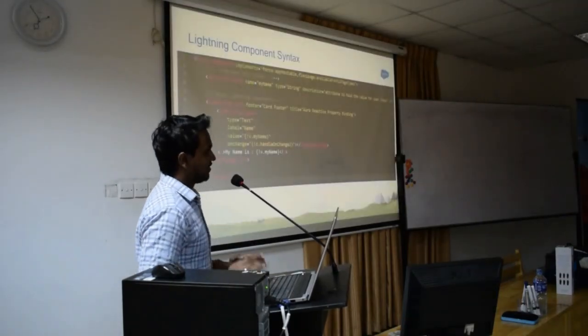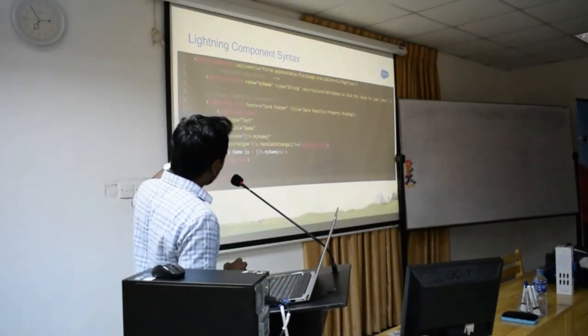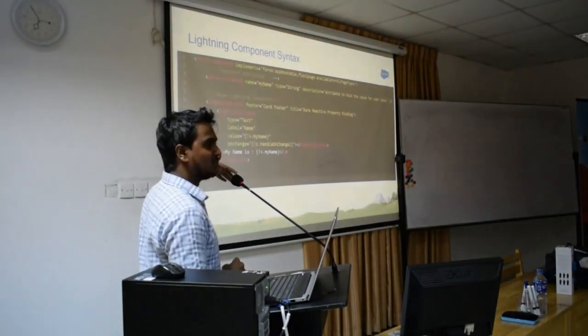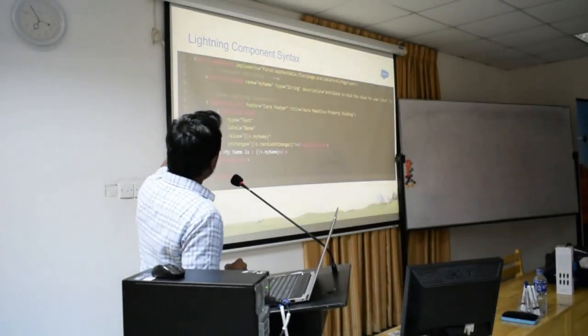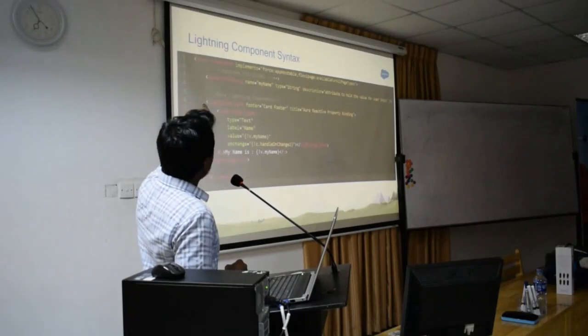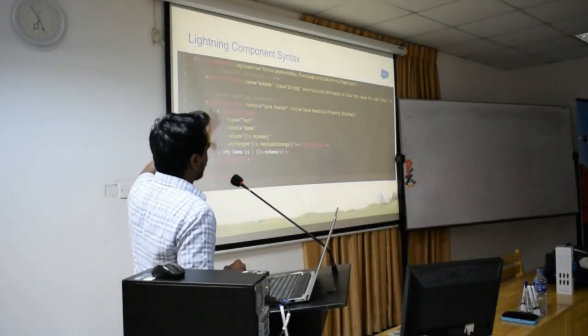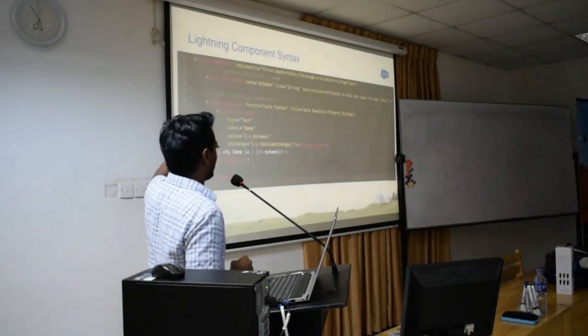Before I start the web components, I'll give you a very quick understanding of the syntax for a Lightning component. You can see at the top, we start the component saying Aura component. It is based on the Aura framework, which is the open source framework.